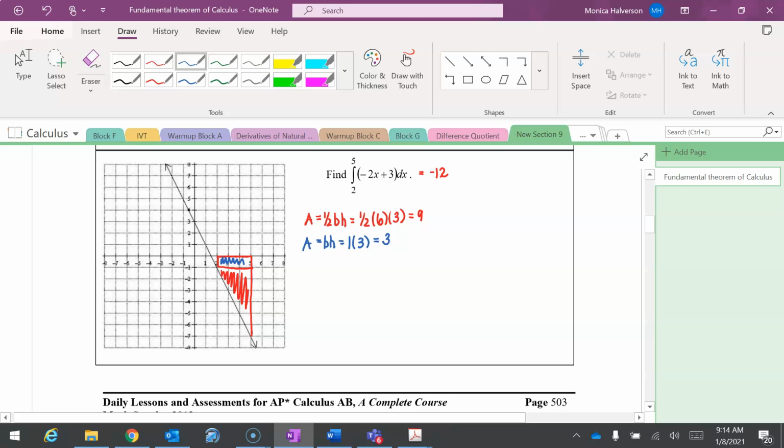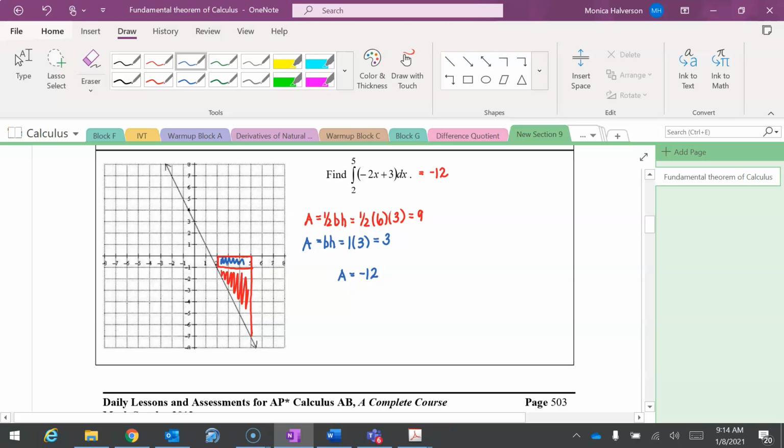Now, the key thing about this, though, is we have a value of 12 if you do it by finding the area between the shapes. But why is the answer negative 12 when we do the definite integral? The reason is because this area is below the x-axis.